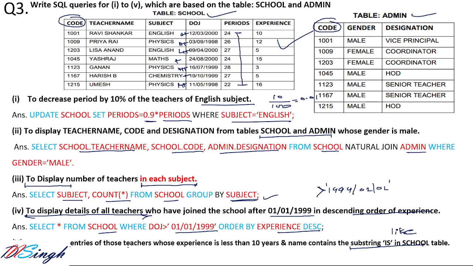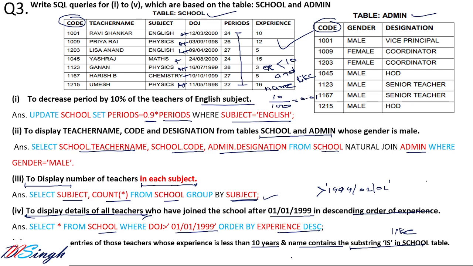So there are two conditions: experience must be less than 10 years, and name like, we will not write equal to, name like.